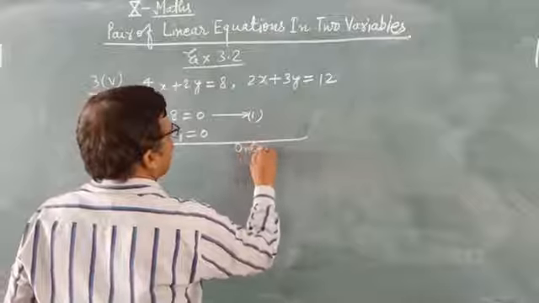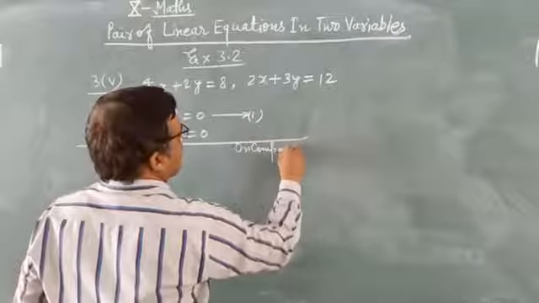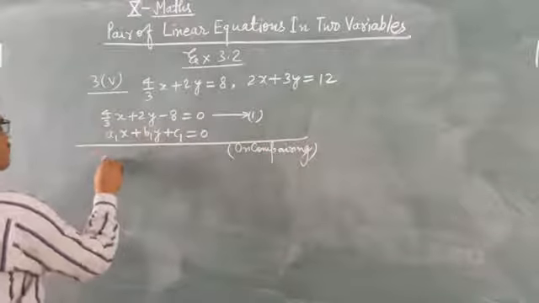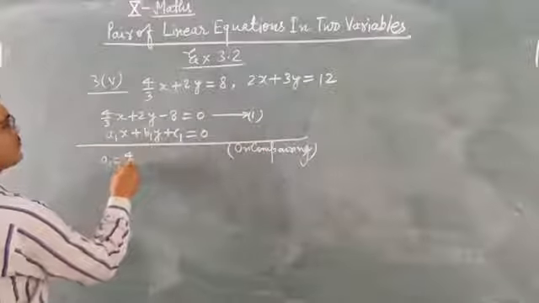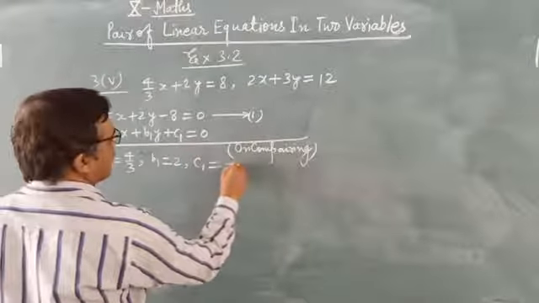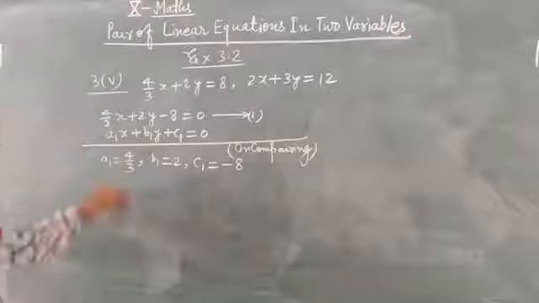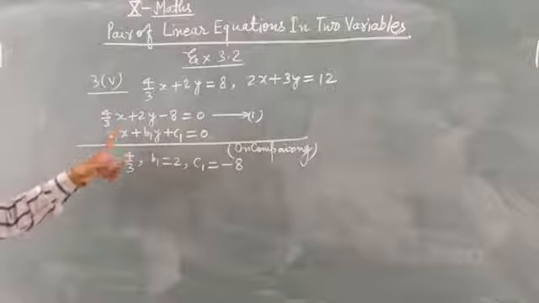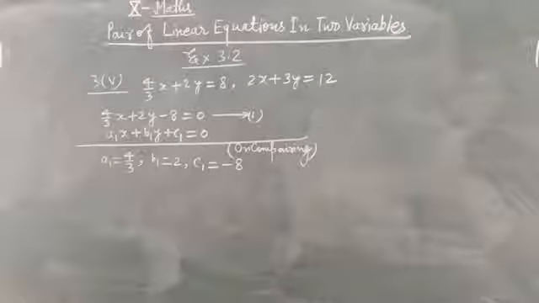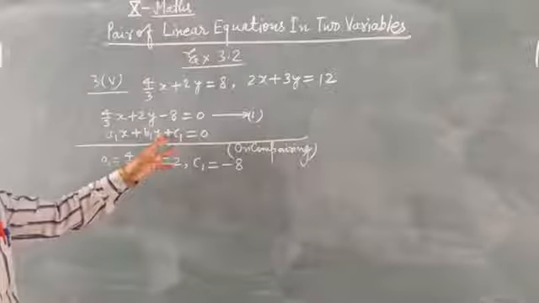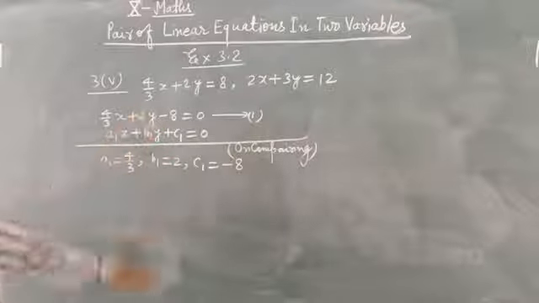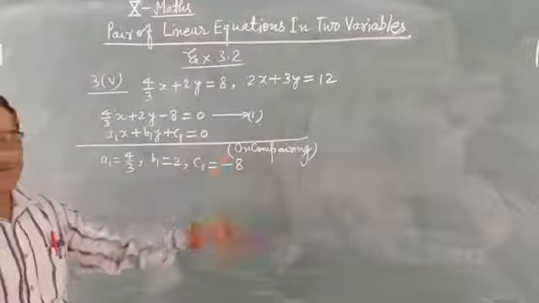On comparing, a1 is equal to 4 upon 3, b1 is equal to 2 and c1 is equal to minus 8. Coefficient of x is 4/3, therefore a1 equal to 4/3. Coefficient of y, b1 equal to 2, constant term c1 equal to minus 8.